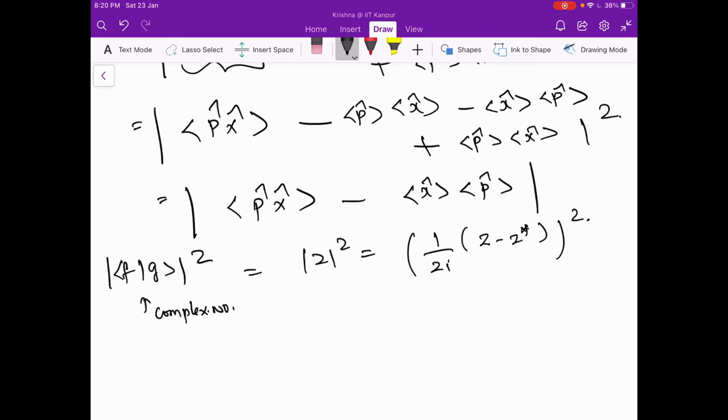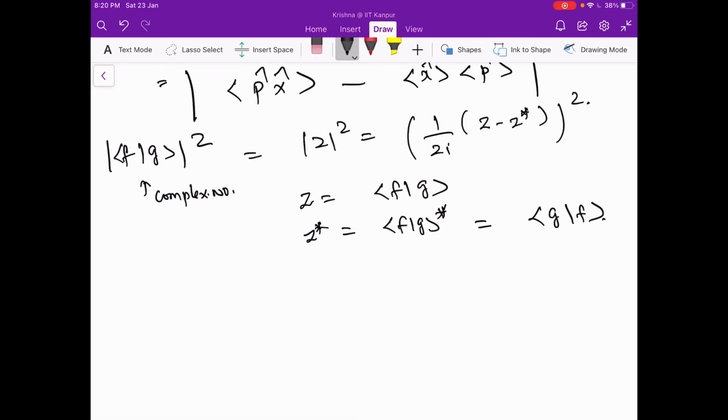So I know z is basically f g, and z star is g star, which can be written as g f, right?